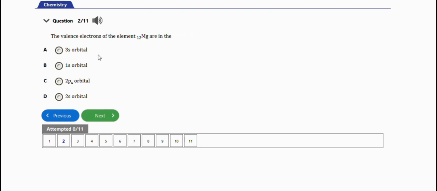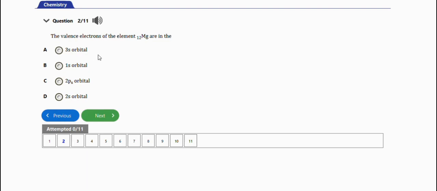The next repeated question will be this one. It says the valence electrons of the element magnesium are in the, so it will be in the 3s orbital, because when you are arranging the orbitals for magnesium, we have 1s, 2s, 2p, then 3s.